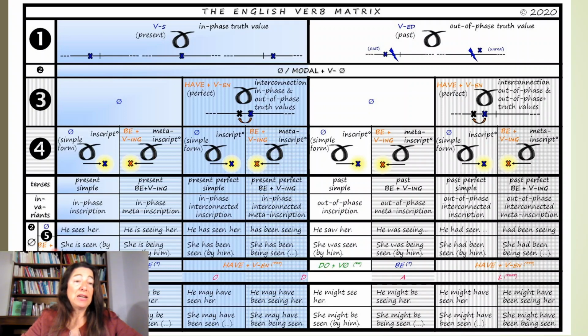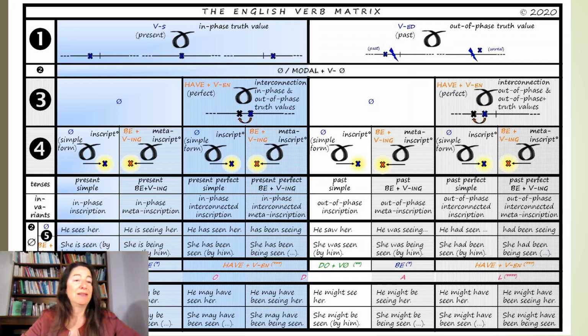So the passive voice can be used without a modal or with a modal. And obviously it is compatible, as we can see in all the examples here, with all of the 8 tenses in English.